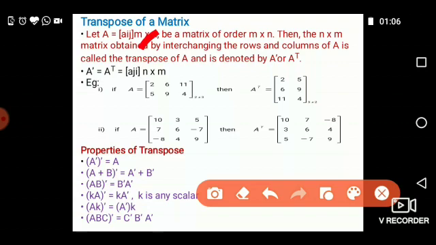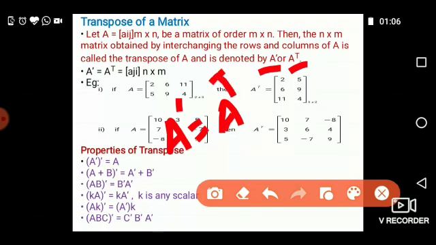Then the n cross m matrix obtained by interchanging the rows and columns of matrix A is called the transpose of matrix A, and it is denoted by the notation A dash or A to the power T. The meaning is that interchanging the rows and columns of a matrix A is called the transpose of matrix A.